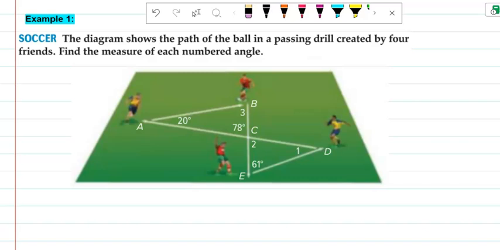Just a quick reminder, the numbered angles are the numbers that do not have the little degree symbol, this circle symbol. So this is a 20-degree angle, this is a 78 and a 61 degree. The 3, the 2, and the 1 are simply naming those angles, but are not telling you that they're 1, 2, and 3 degrees.